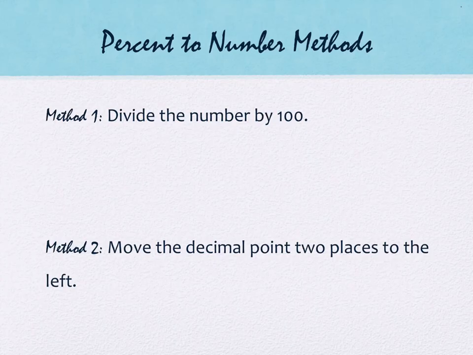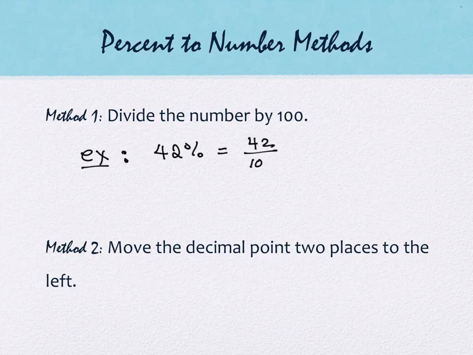So we'll make up an example real quick. Let's say you had 42%. Then this means 42 out of 100. By definition, that's what it means. And then you can literally divide the number 42 by 100. So the 100 goes into 42 0 times, but it goes into 424 times for a 400.